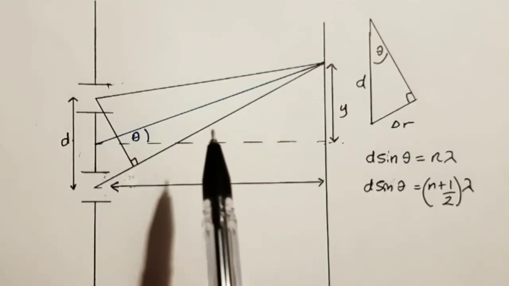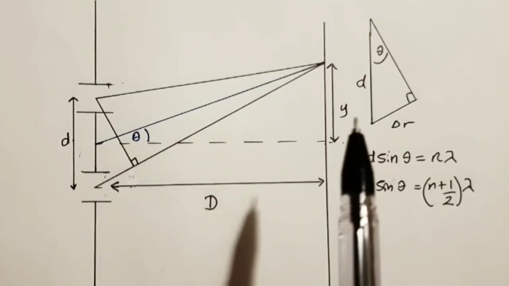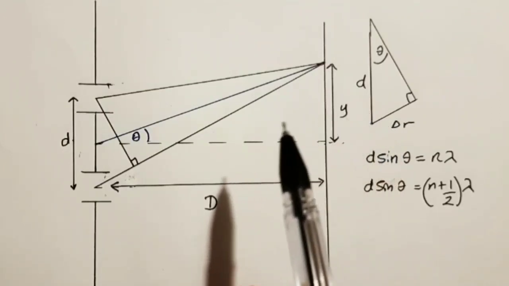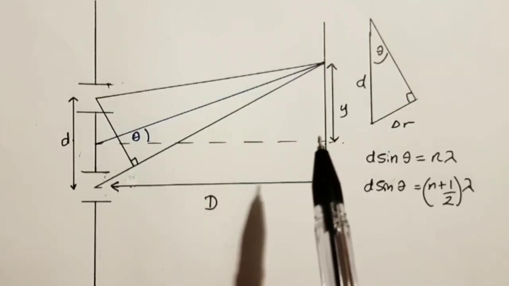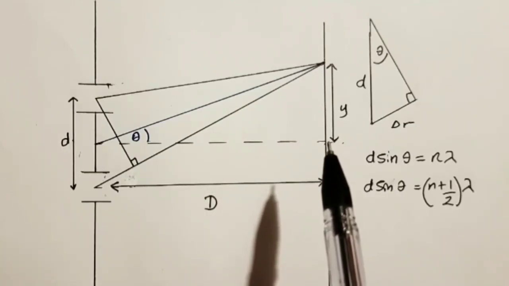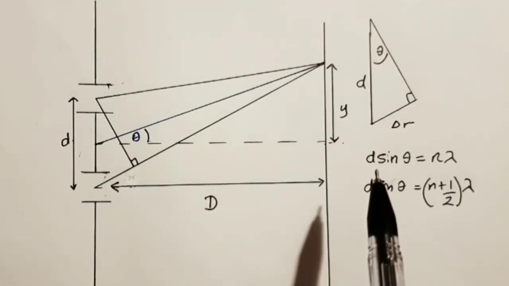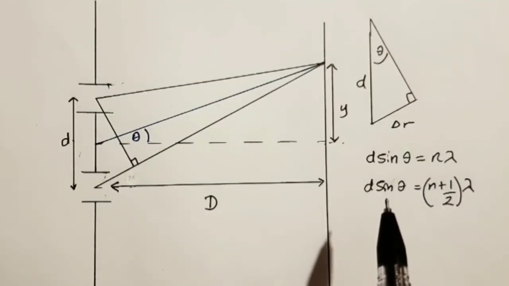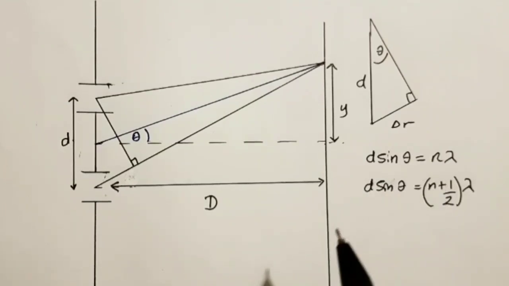As we can see, we can enlarge the triangle here and obtain a triangle similar to this, where d would be the separation of the slits and theta would be the angle of separation from one fringe to the other. So when constructive interference occurs, we have the formula d sin theta equals n lambda, and when destructive interference occurs, d sin theta is equal to (n plus half) lambda, where n is an integer.